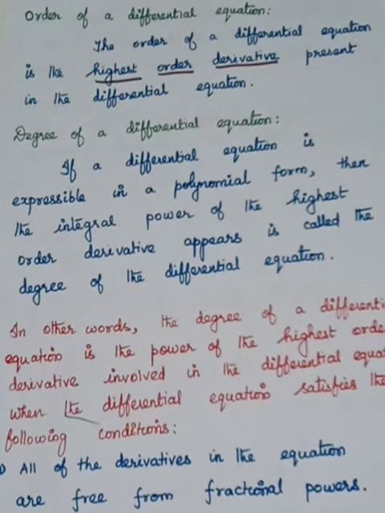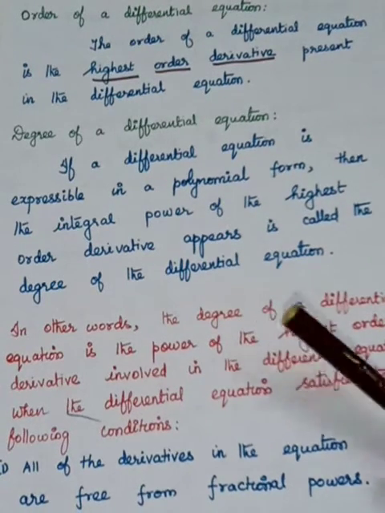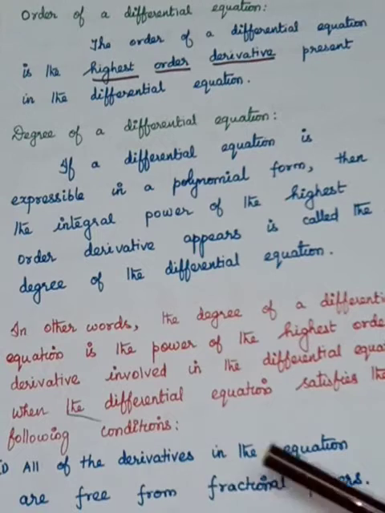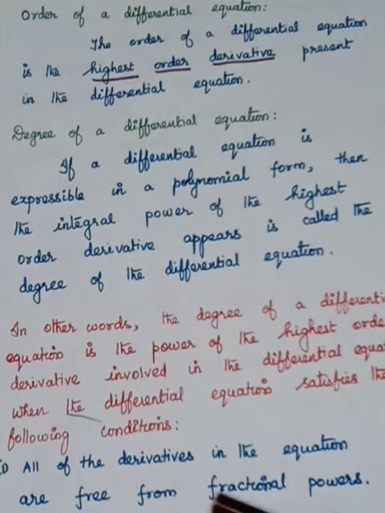Before finding the degree of the differential equation, the equation must satisfy two conditions. The first condition is that all of the derivatives in the equation are free from fractional powers. That means we should not have dy by dx to the power 1 by 2, or dy by dx to the power 3 by 2.